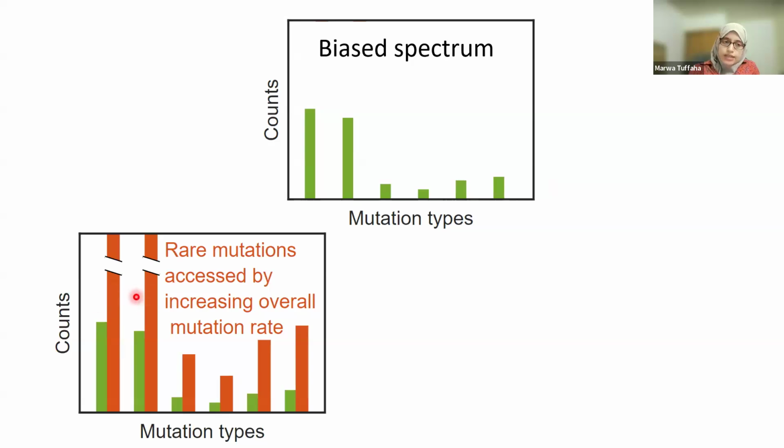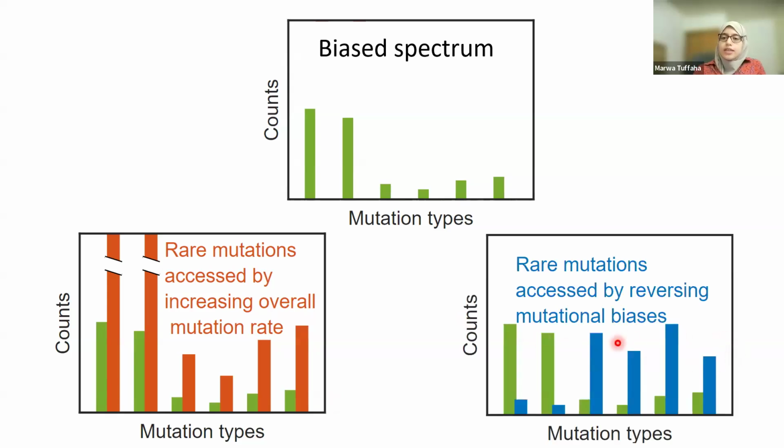It will increase the access to these mutations, and so this can be beneficial for an adaptive population. Another possibility is a shift in the bias, in the sense that we reverse the bias. The two that were overrepresented can become underrepresented, and the ones that were rare can become overrepresented, and that also gives access to mutations that the organism did not have access to before.